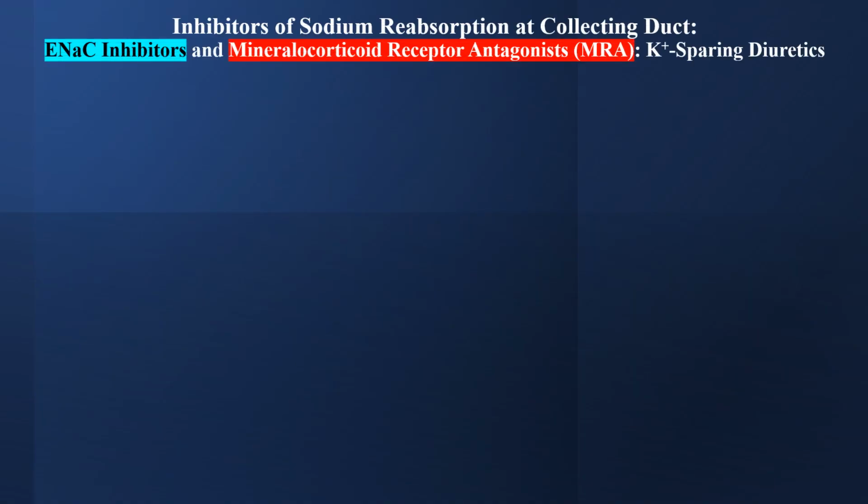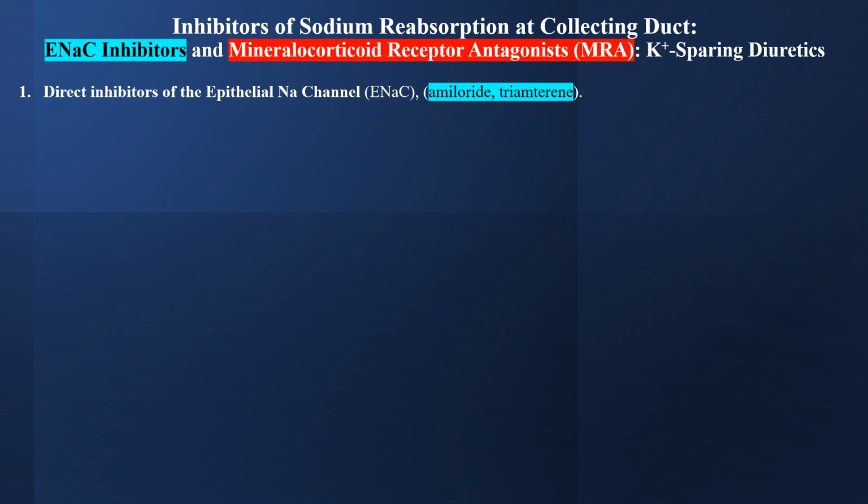Let's take a look at clinically available ENaC inhibitors and MRAs. Direct ENaC inhibitors include amiloride and triamterene. Commonly used MRAs include spironolactone and eplerenone.